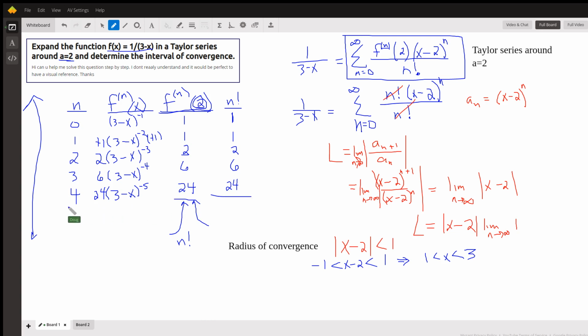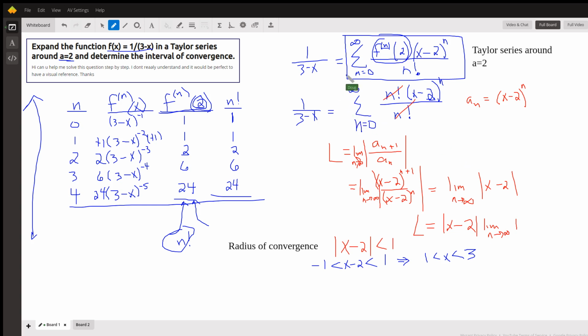So when I use this table to substitute into this formula, f sub n of 2 is really just n factorial. And n factorial is in the denominator, and x minus a, or x minus 2 to the nth.